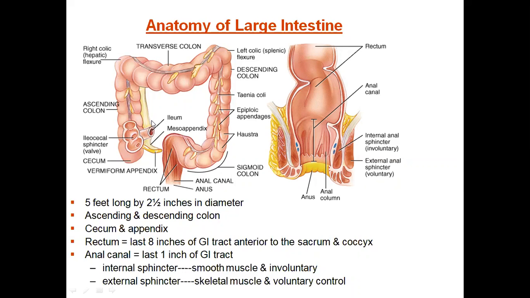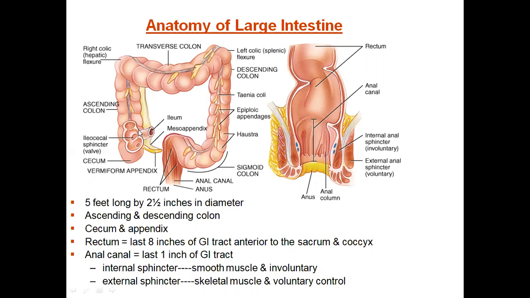And as we saw last week, we said that the small intestines were divided into three parts. We looked at the duodenum, the jejunum, and then the ileum. So the large intestines is a continuation from the ileum, which is the last part of the small intestines.